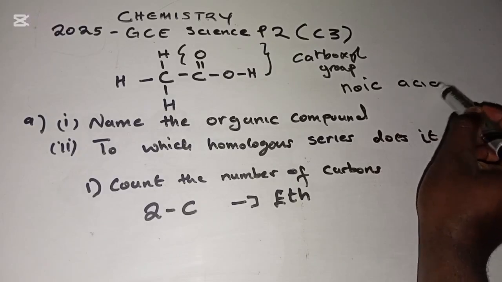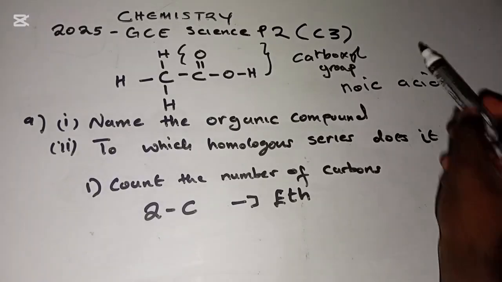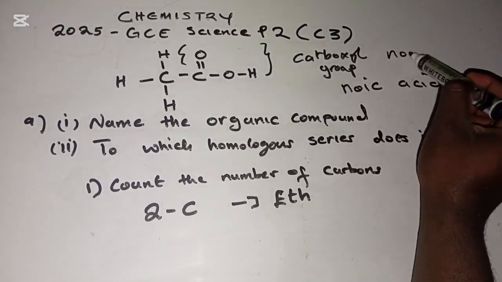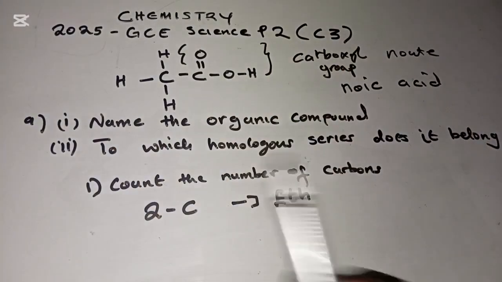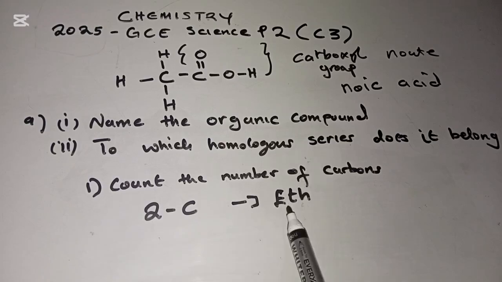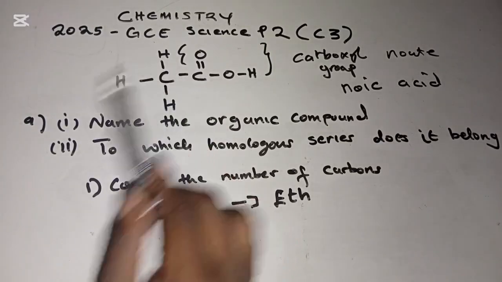Noic acid, or noate, but we'll get to that later. So we have eth and then we have noic. The other thing is that you look at the bonds here between the carbon atoms.